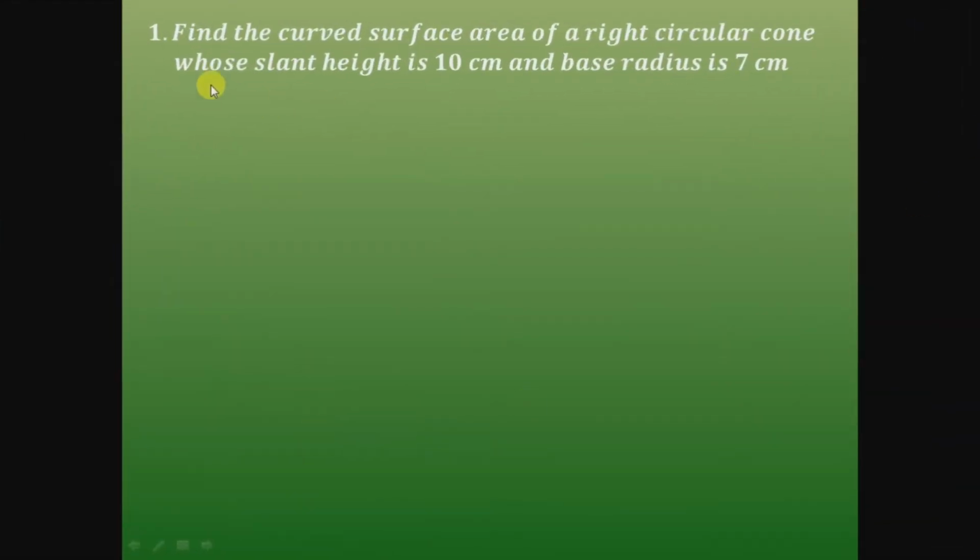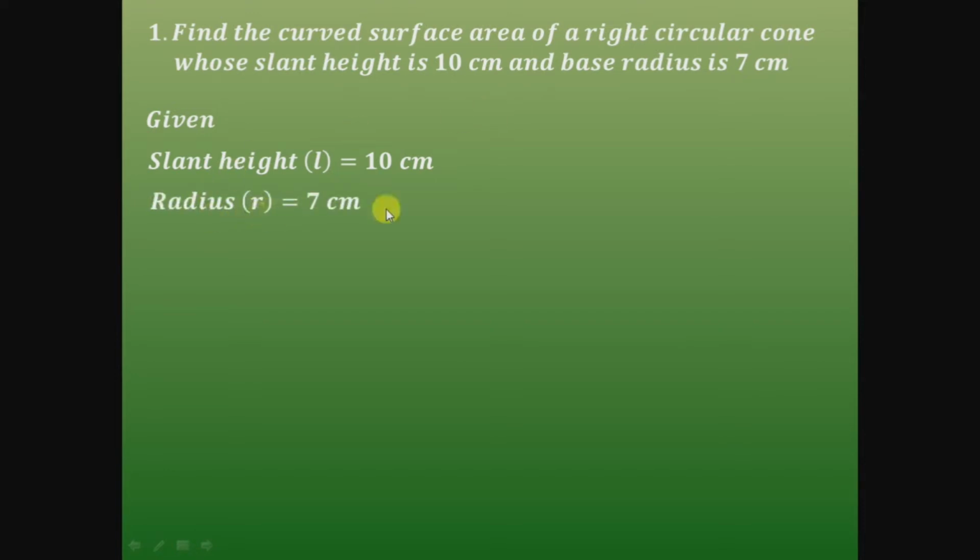My first problem: find the curved surface area of a right circular cone whose slant height is 10 cm and base radius is 7 cm. Given slant height L is equal to 10 cm and radius r is equal to 7 cm. We know the curved surface area of a cone is equal to pi r l.